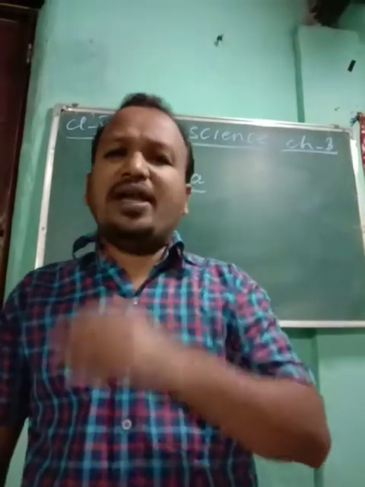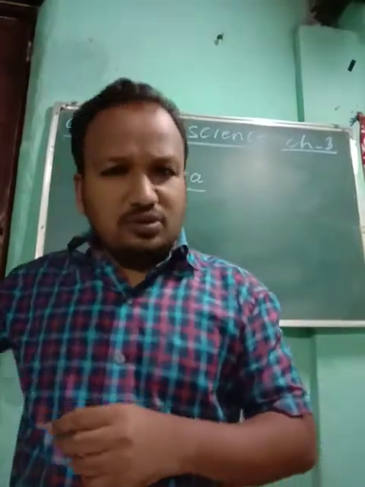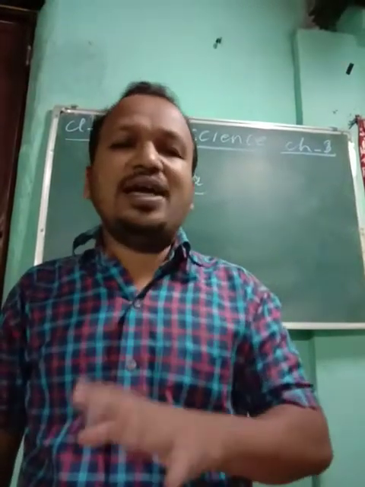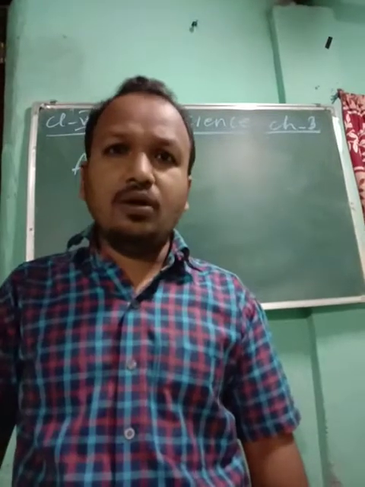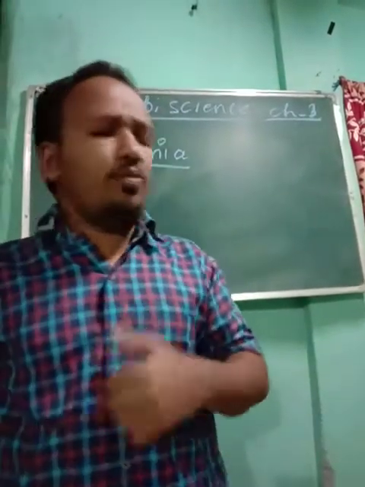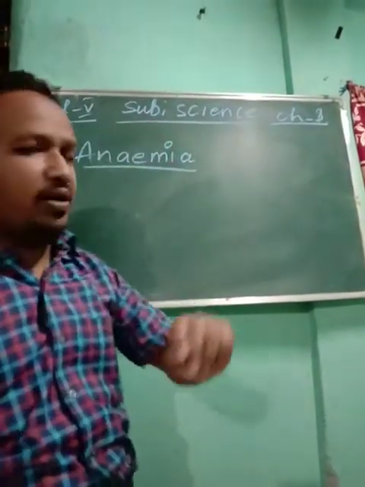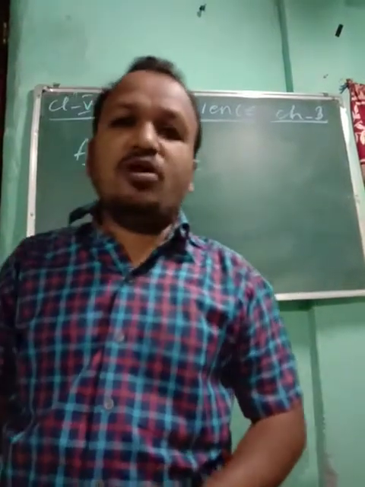Now iron does not mean your window grill, not that iron. It is a nutrient present in your food items. This iron helps in the formation of blood in our body, so anemia will not take place.